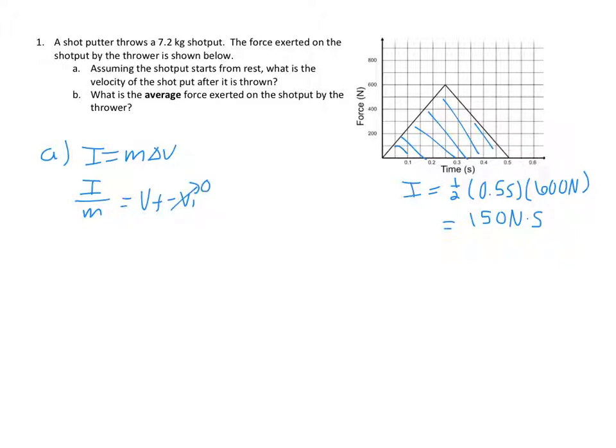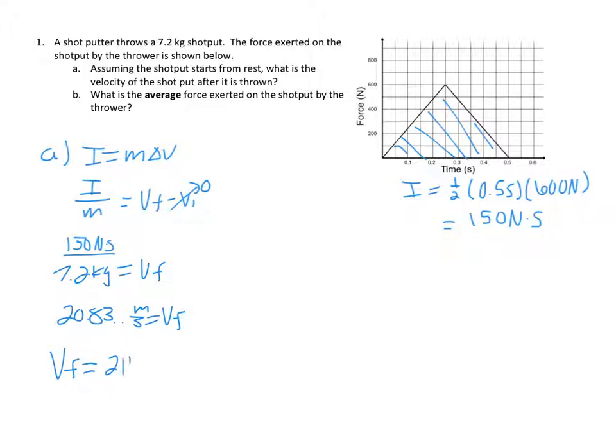So V final is just equal to the impulse over the mass, 150 newton seconds over 7.2 kilograms equals V final. So 150 divided by 7.2, we get 20.83, keeps on going, meters per second for the final velocity. So V final is about equal to 21 meters per second.